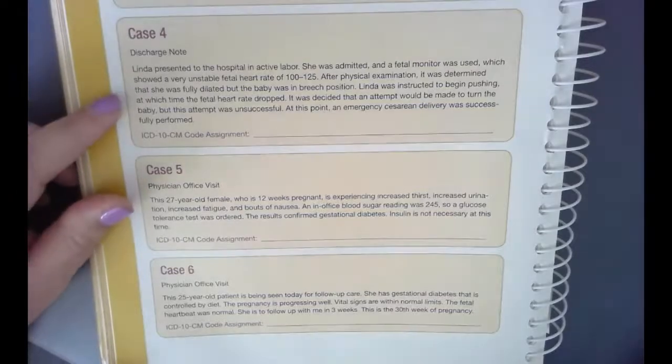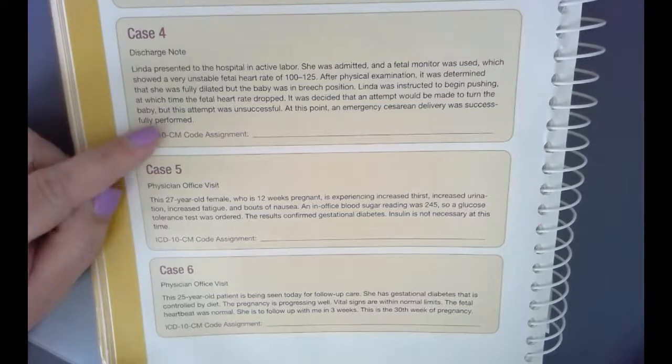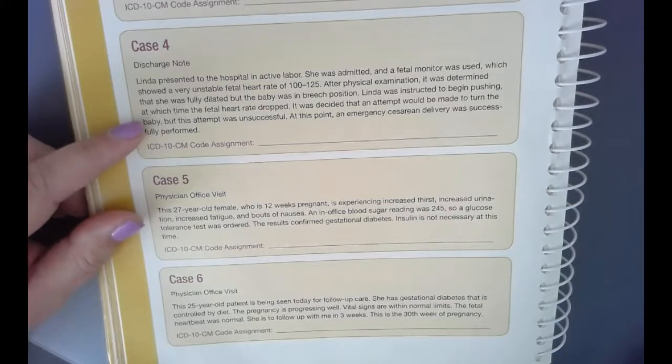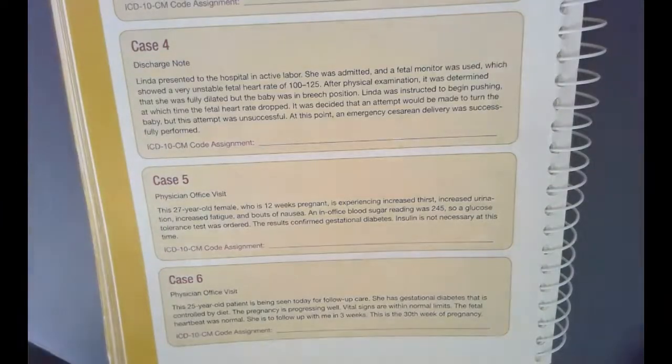Okay, so Linda presented to the hospital in active labor, admitted, fetal monitor was used, unstable fetal heart rate, 100 to 125, fully dilated, the baby was in breech position. She was instructed to begin pushing. At the time, fetal heart rate dropped. Turned the baby, but this attempt was unsuccessful. Emergency C-section. Delivery was successfully performed.